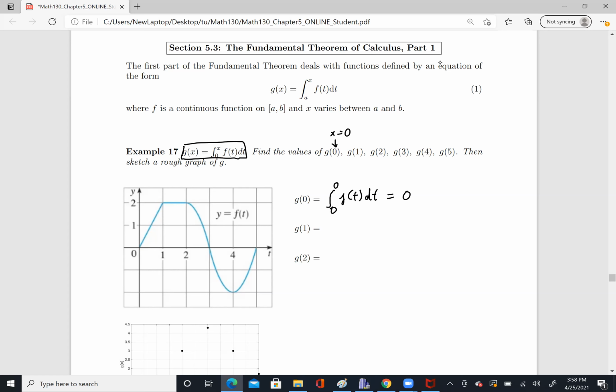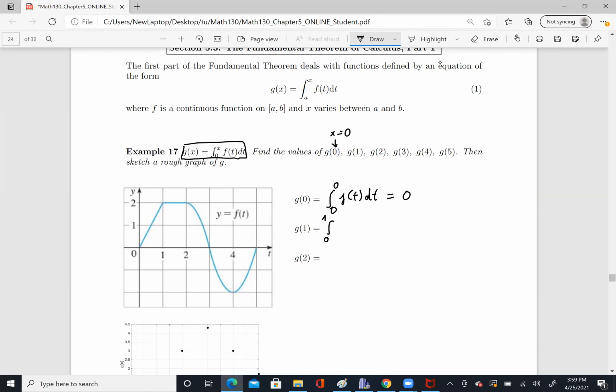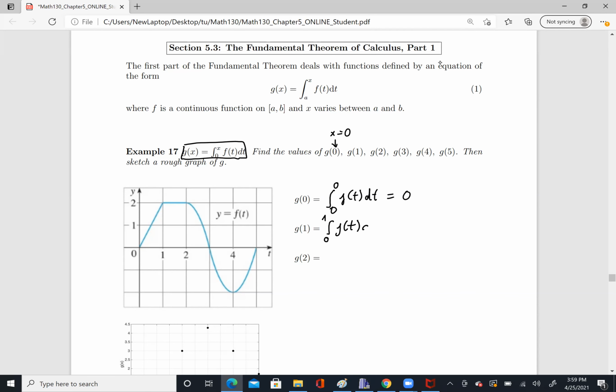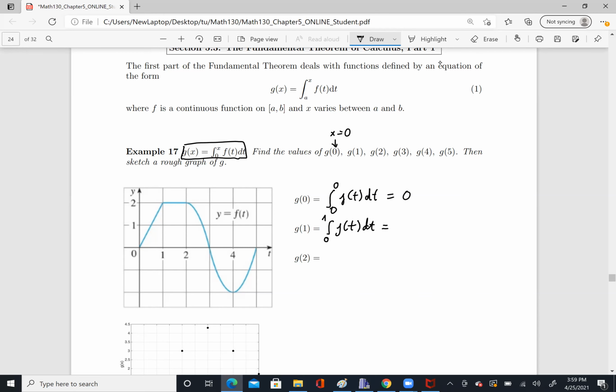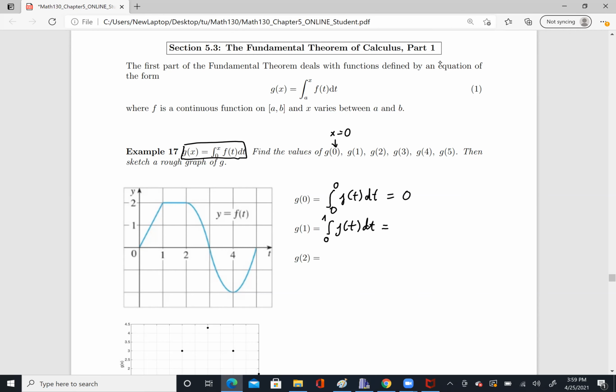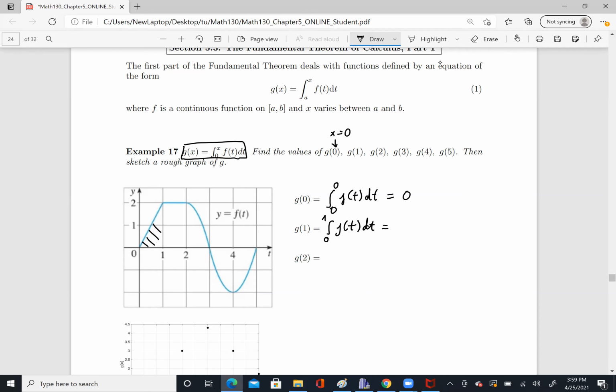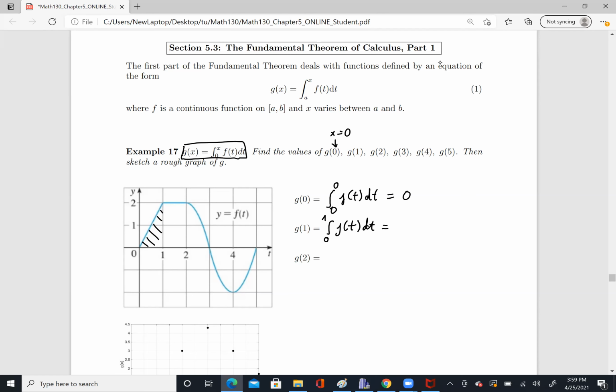G of 1 is the integral from 0 to 1 of f of t dt. Now take a look at the area under the curve from 0 to 1.